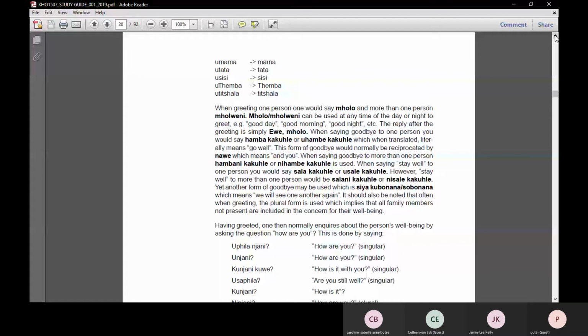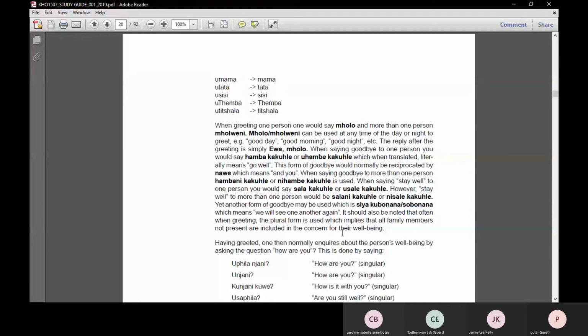The correct answer to this question is found on page 4. It says: it should also be noted that often when greeting, the plural form is used, which implies that all family members not present are included in the concern of their well-being.